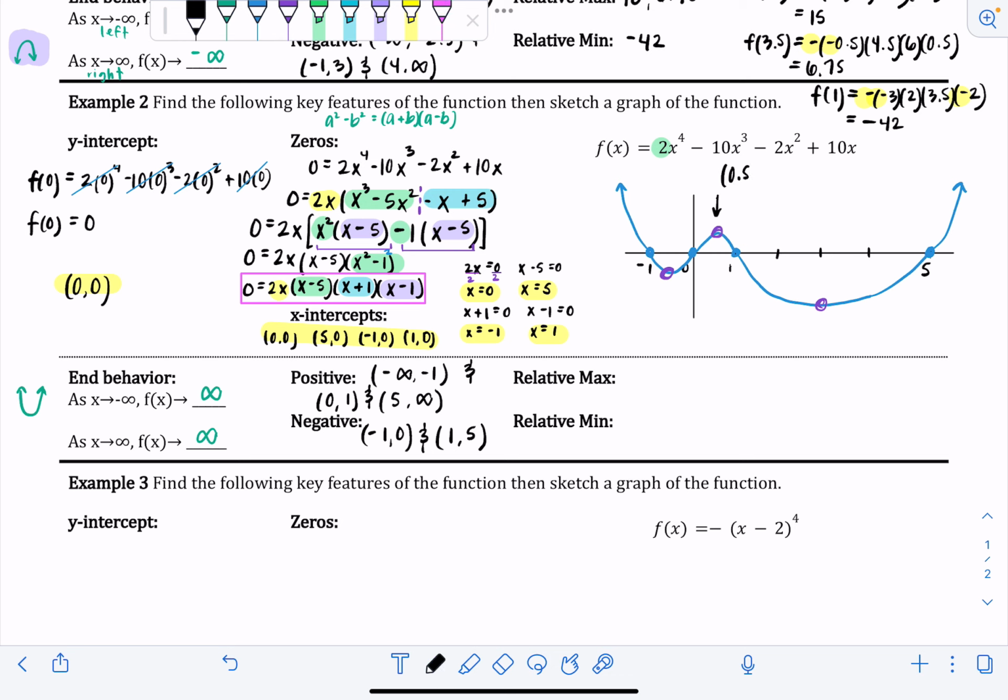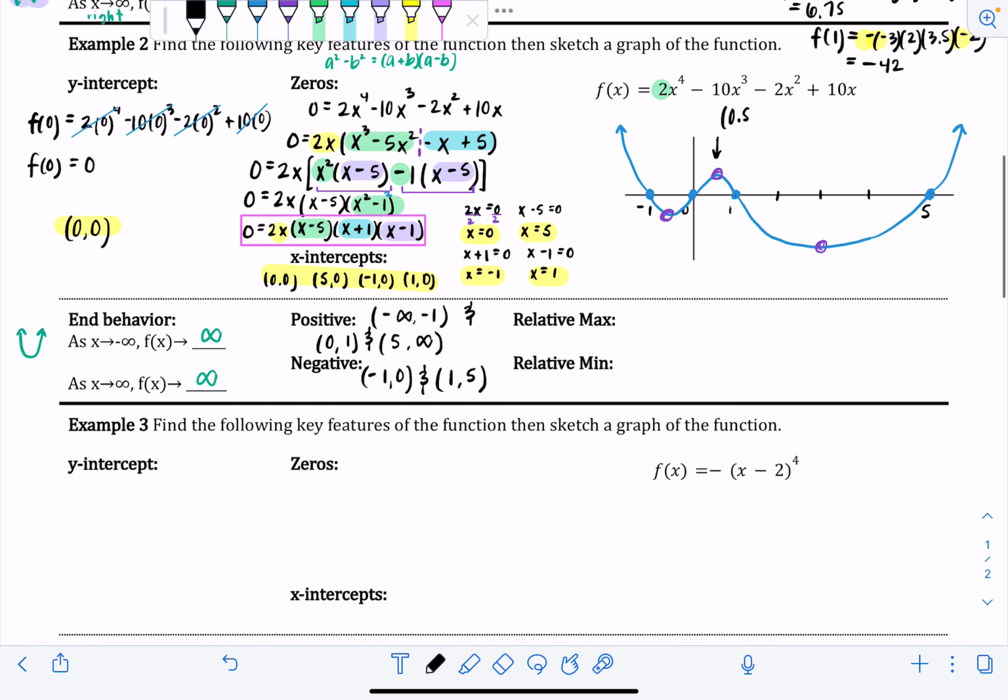And then to find the height of that point, I would have to substitute it into the function. So I would have to do f of 0.5 is equal to 2 times 0.5 to the 4th power minus 10 times 0.5 to the 4th. And notice I'm putting it into the original function, not what I have over here after I factored out the GCF.